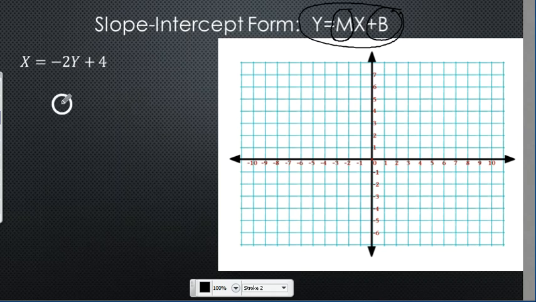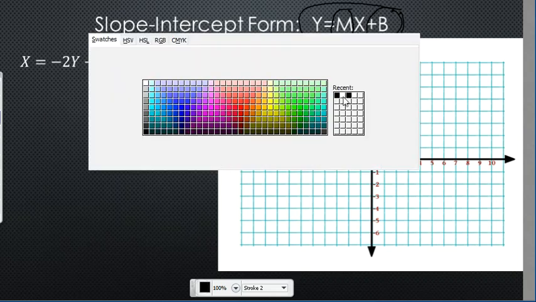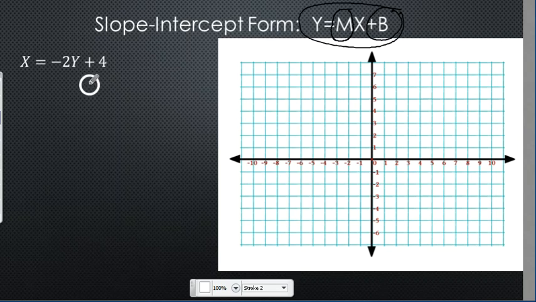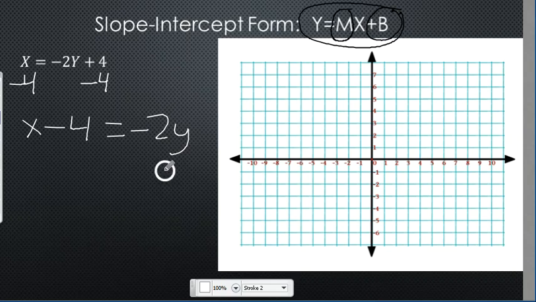So let's solve this equation, x equals negative 2y plus 4, for the y. Okay, so in order to get this y by itself, we're going to need to subtract 4 from both sides, which leaves us with x minus 4 equals negative 2 times y. Then we're going to have to divide everything by negative 2.